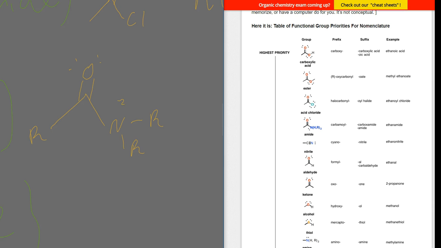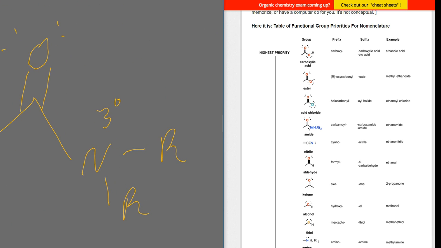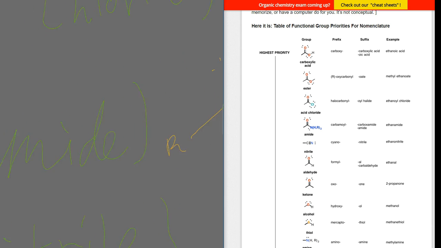It's like a tertiary nitrogen there. But actually, I think this classification belongs to the amines with an AMINE, whereas this is AMIDE. Just to clarify.